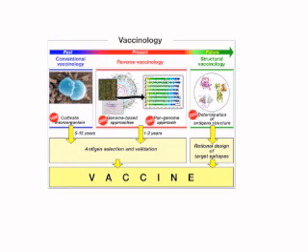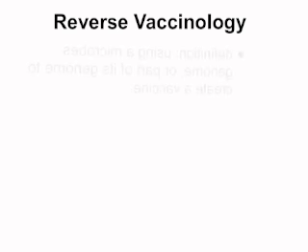This picture shows that the traditional vaccinology technique can sometimes take more than 3 years, while reverse vaccinology can take 1 to 2 years.